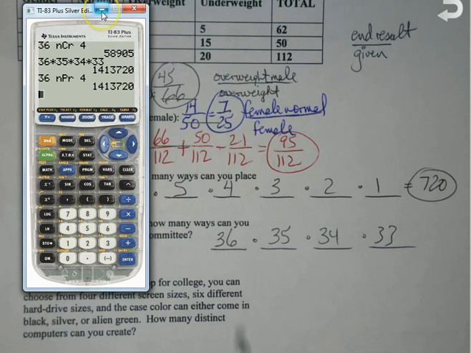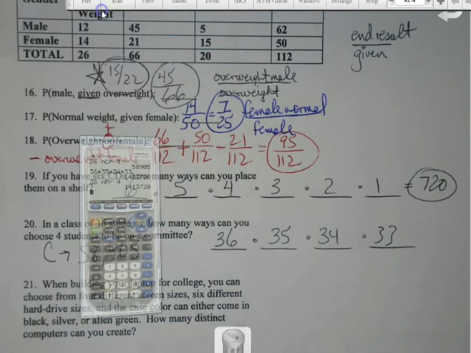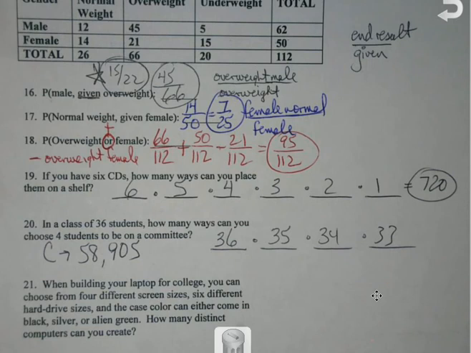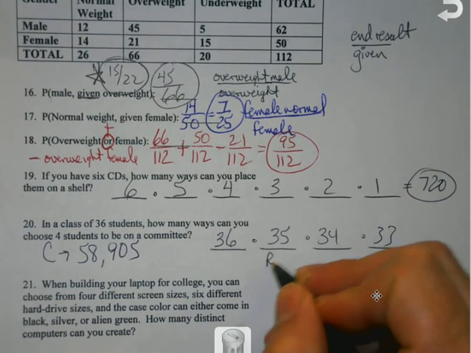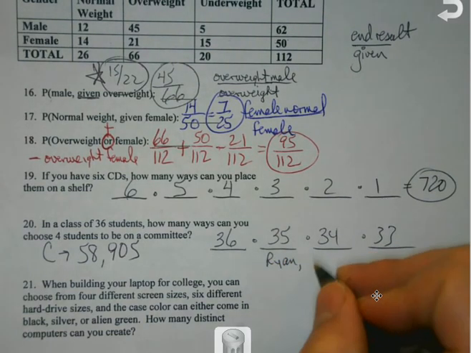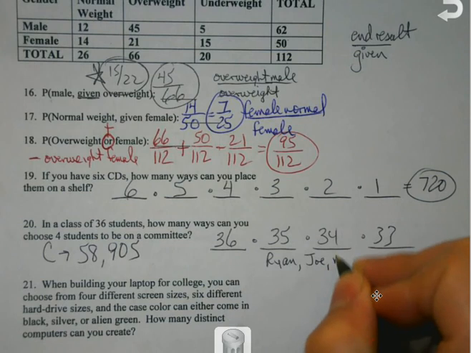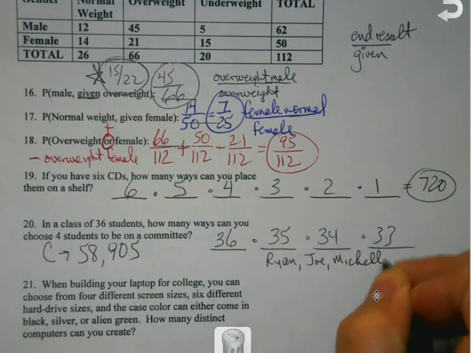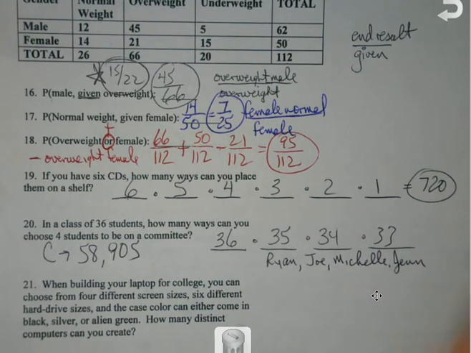So we've got to think about this for a second. We're pretty sure it's a combination. So what would be wrong with doing it with the blanks this time? Well, here's my dilemma. When I'm doing this, I'm having some repeats. Let's say I have a committee, and the first time through, I choose Ryan, Joe, Michelle, and Jen.